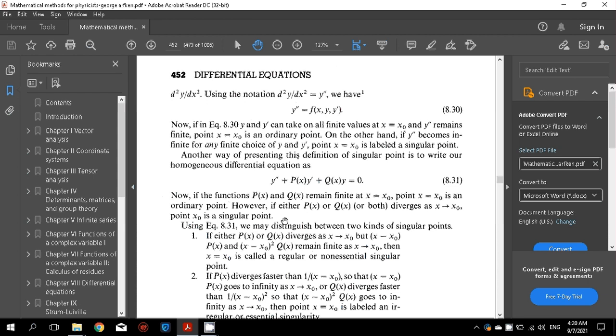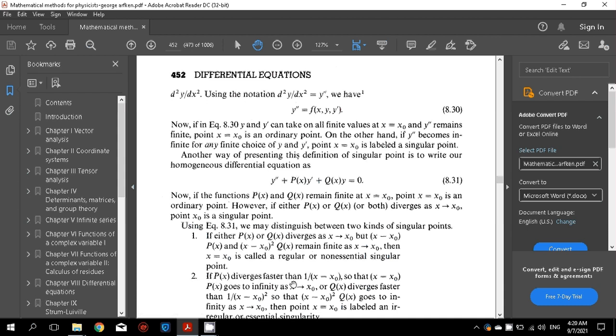But if by multiplying P and Q with the factors x minus x naught and x minus x naught squared they still remain infinite, then the point x equal to x naught will be an essential singularity, as described in point 2 here.